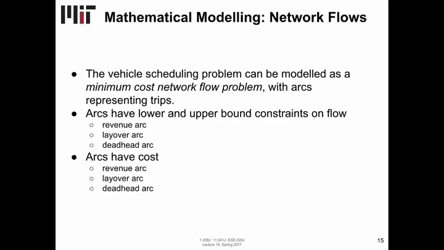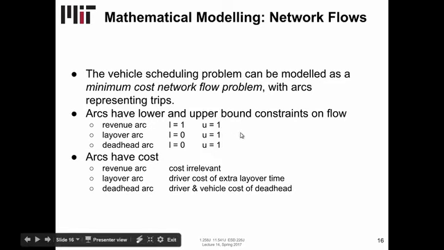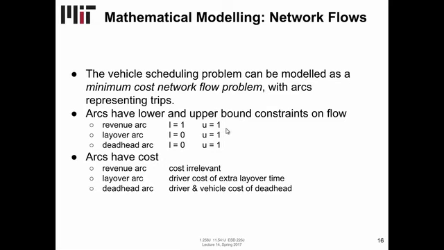But what's important is that we want to see what's the optimal combination of layovers and deadheads in this problem. So again, the bounds that we have for revenue arcs is basically lower bound is 1, upper bound is 1. Why is it like this?